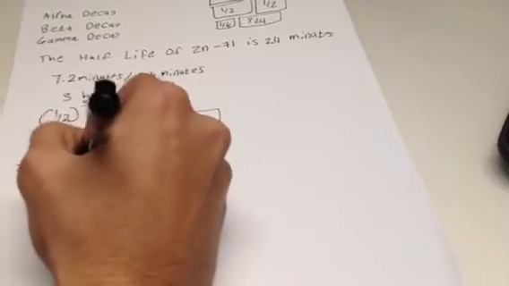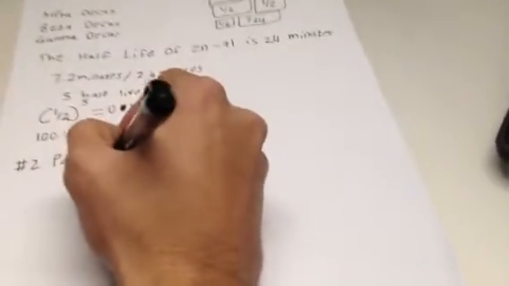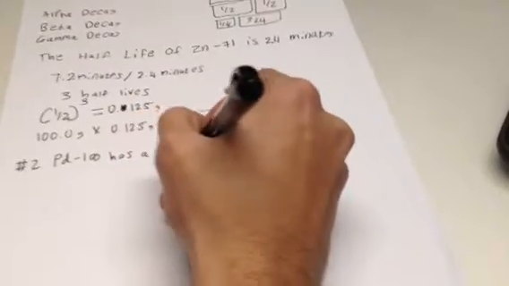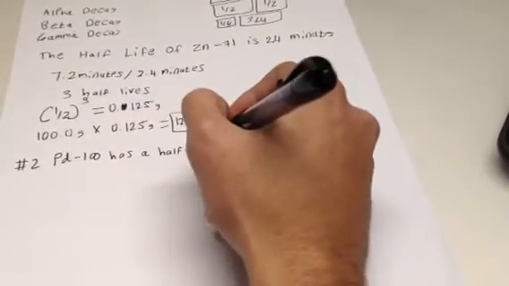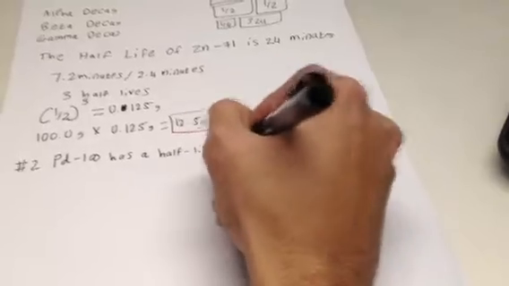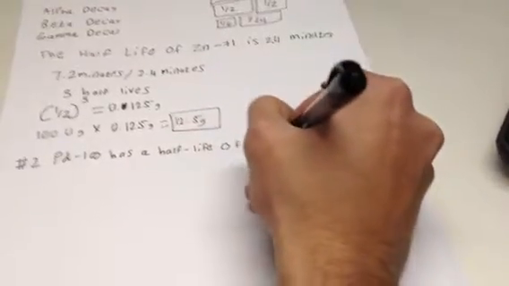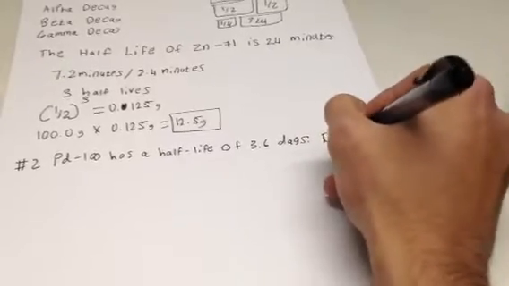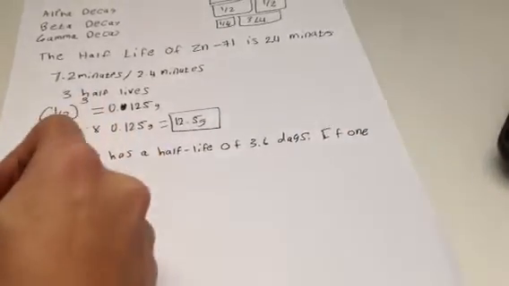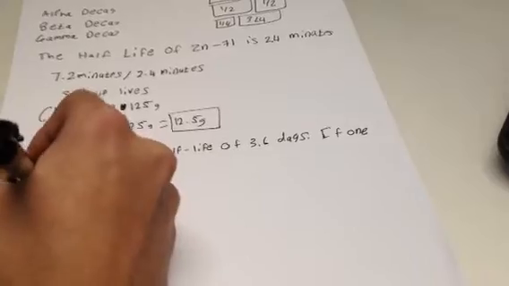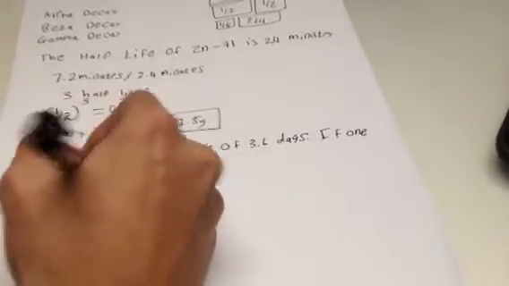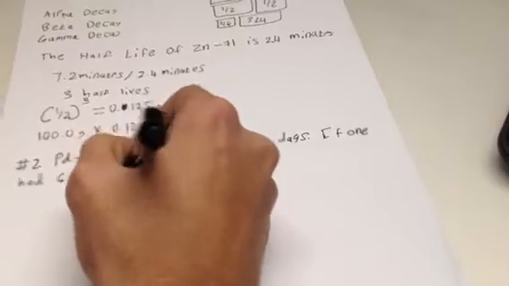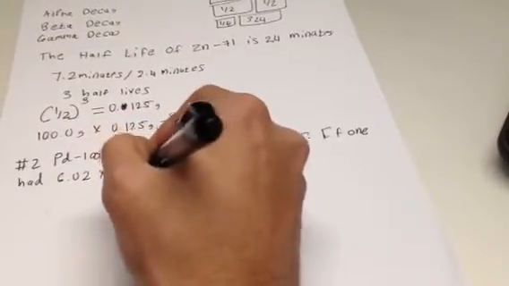Palladium-100 has a half-life of 3.6 days. If one had 6.02 times 10 to the 23rd power atoms.